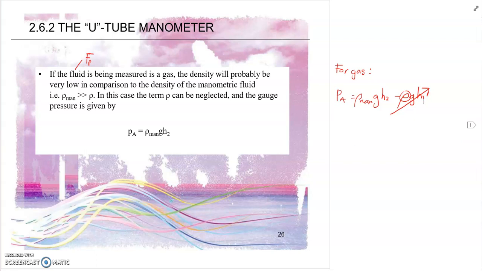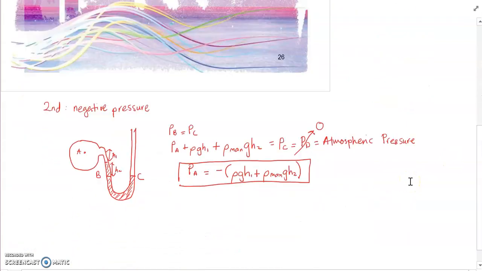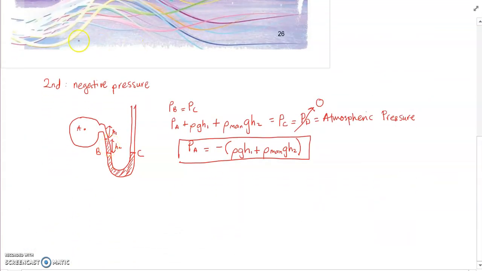What I'm saying is you have a datum BC, and on your right side you have an H2 above C. But what if you have a negative pressure? The second case is negative pressure. If you look here, BC is your datum, but your manometric fluid has moved to your right side.